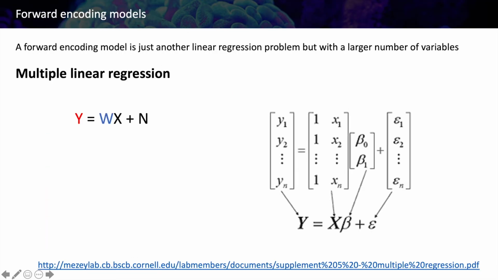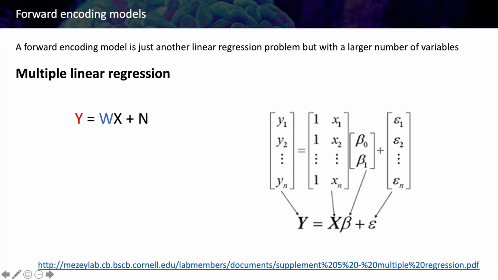Now that we have reviewed a little bit the simple linear regression, we move to something a little bit more complex, multiple linear regression. So multiple linear regression is what is in the end behind forward encoding modeling, and also behind many other decoding techniques.